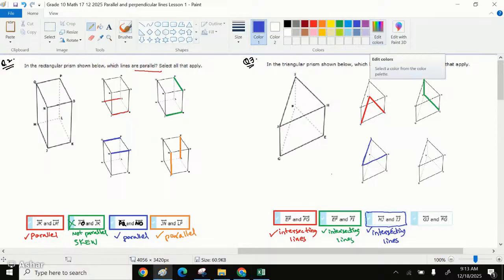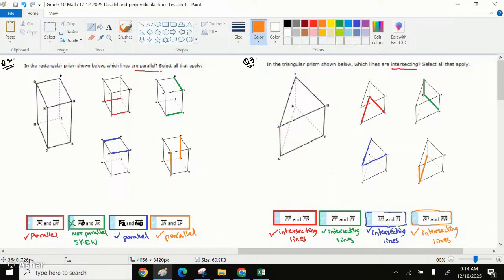Let's look at GJ. GJ is this line, the vertical over here, and FG. FG was this line. So GJ and FG are also intersecting. They're also intersecting lines.